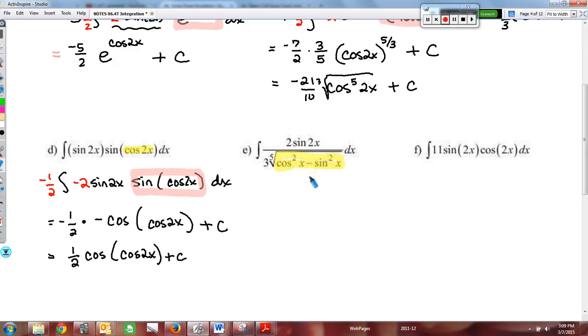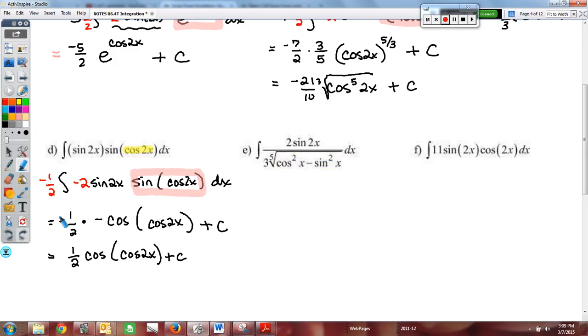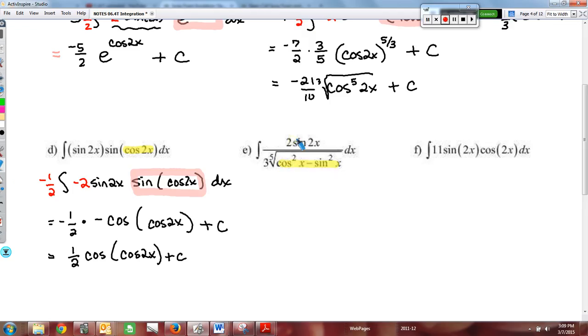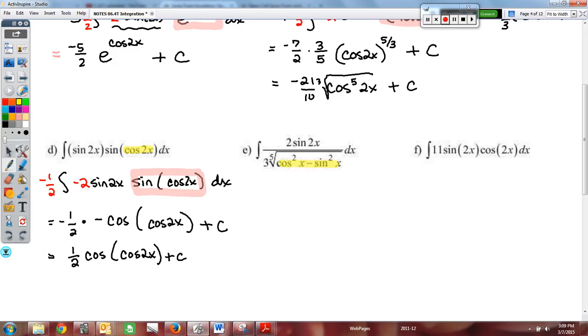But the problem I have with that inside function is that it doesn't seem to have a derivative that's going to look like this other stuff that's floating around here. So I go, well, maybe there's a trig identity that we might use, that we have to recognize we have a trig identity on this one.